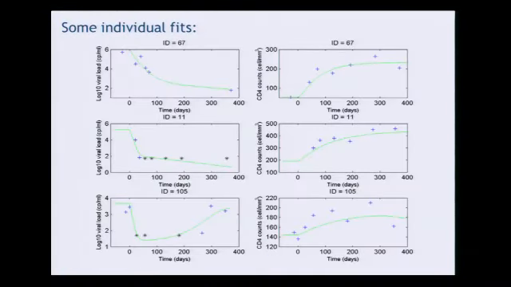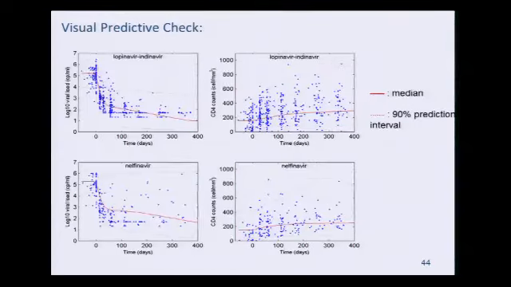This is an example of individual fitting of this model, showing patients where the drug works and patients where the drug doesn't work. This is the predictive check, 90% confidence interval, showing much less response to nelfinavir than to the 2 other drugs.